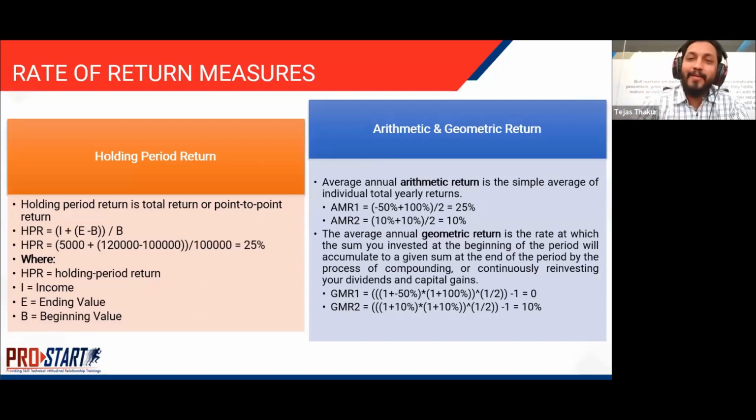But if you actually think, if you have invested 100 rupees and in the first year that is down by 50%, that 100 becomes 50. In the second year, if that 50 is up 100%, which means another 50 is created on that 50, which is 100. So 100 becomes 100 in 2 years. Primarily, there is zero return from an investor's perspective, but arithmetic return will give you a number of 25%.